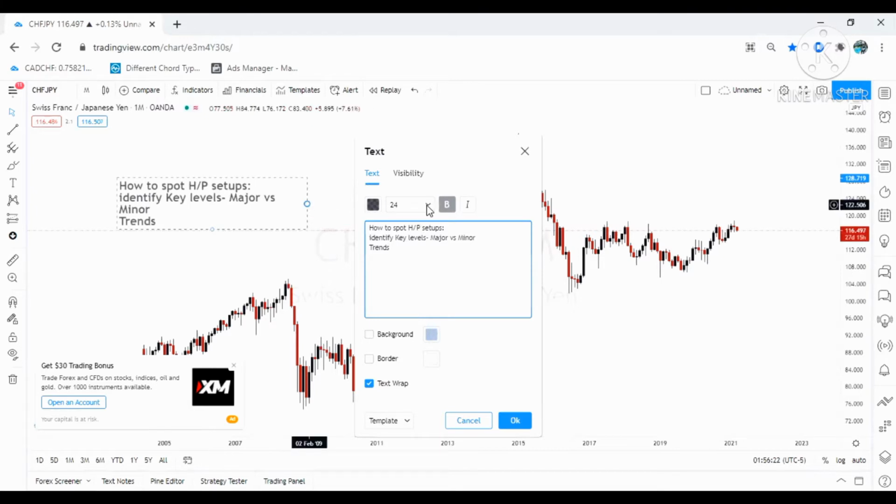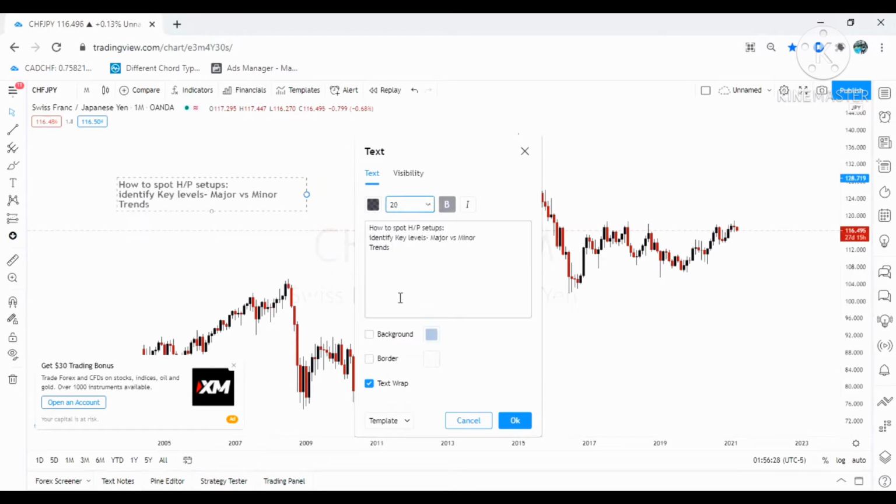So yeah, basically this is what you need to know to be able to grade your setups, right? You need to know your key levels and you need to know your trend.